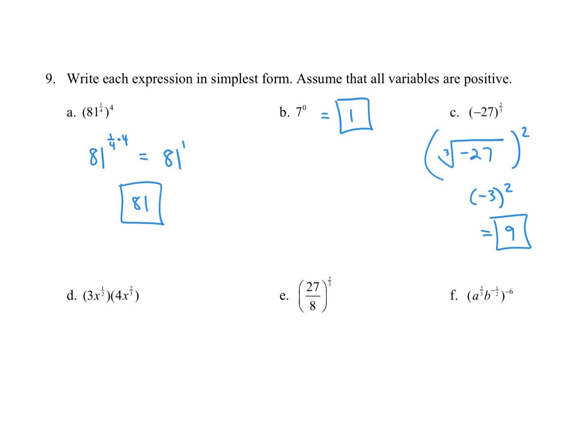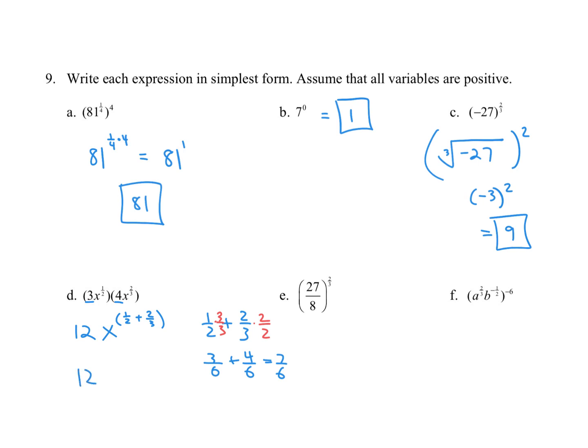In part D, I'm going to multiply the 3 times the 4, and I get 12. And when I multiply x to the 1/2 times x to the 2/3, I'm going to add my exponents. Now to add 1/2 plus 2/3, I need common denominators. So I'm going to multiply 1/2 by 3 over 3 and 2/3 by 2 over 2, which gives me 3 over 6 plus 4 over 6, which is 7 over 6.